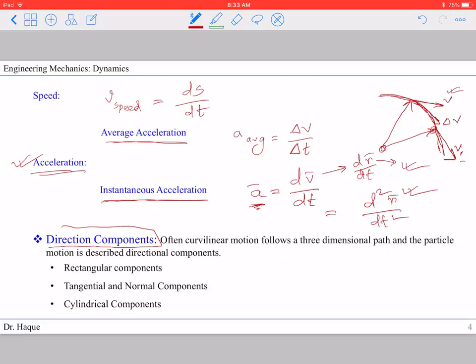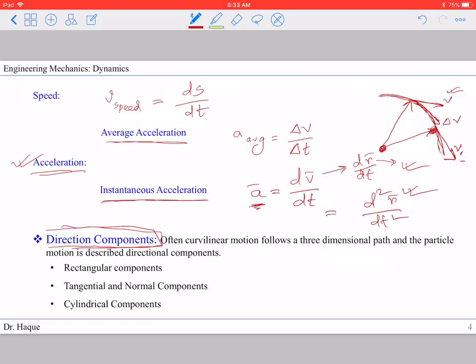It is tangent to the vectorial visual representation of the movement of the particle. So we call it hodograph. So acceleration would be tangent to the vector form of velocity, which is another term, the hodograph. Okay, so let's move on.